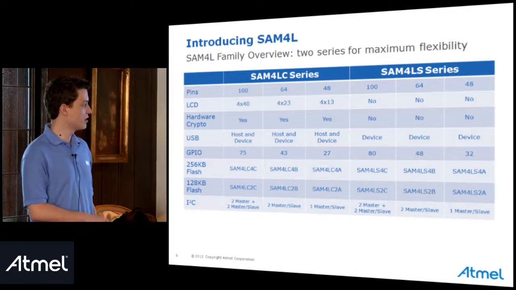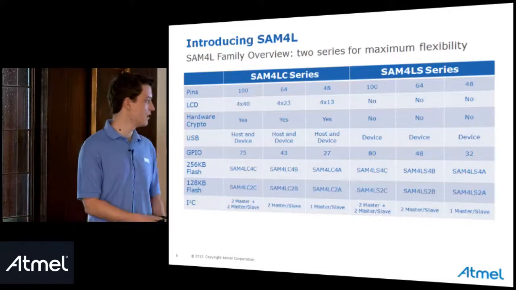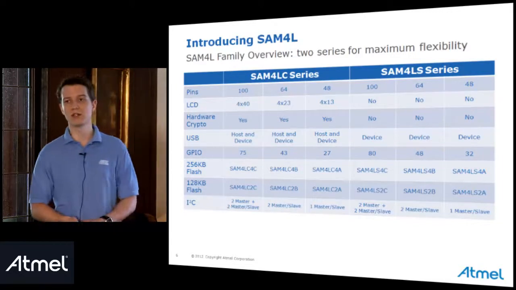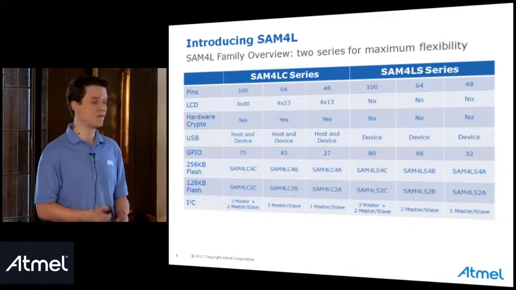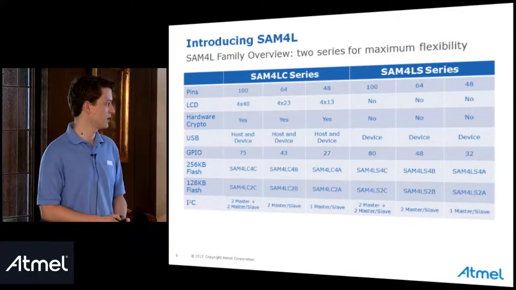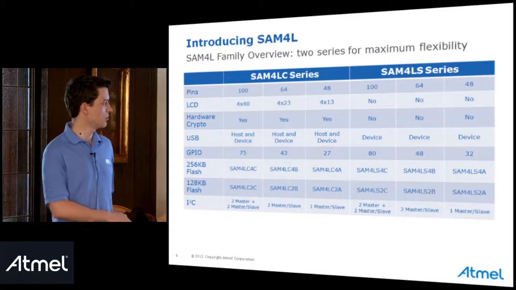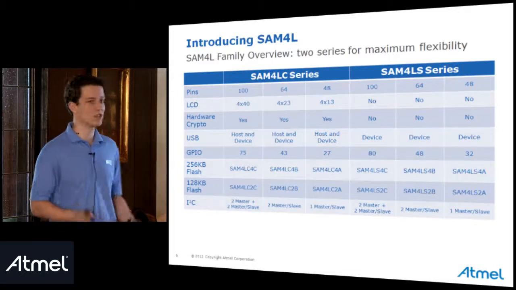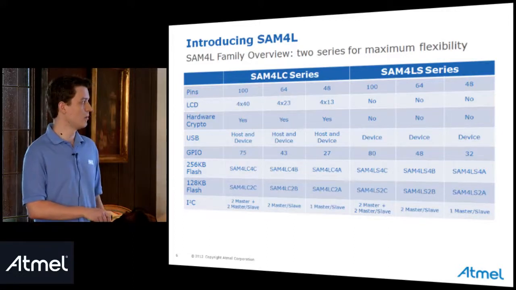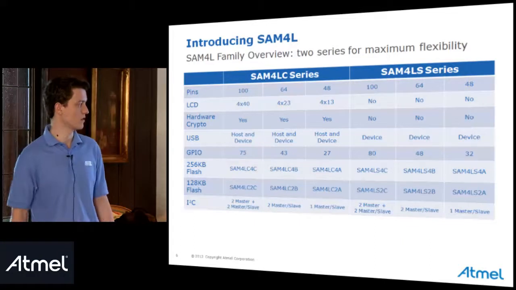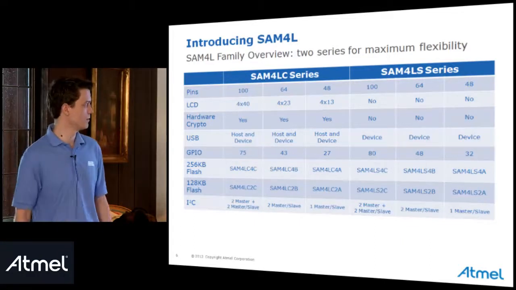In terms of flash, both series are available with 128 kilobytes of flash and 256 kilobytes of flash. In terms of communication protocol, only the I2C can have different options. It will mainly depend on the pin package. So you can find two master slave, or only two master slave, or one master slave.